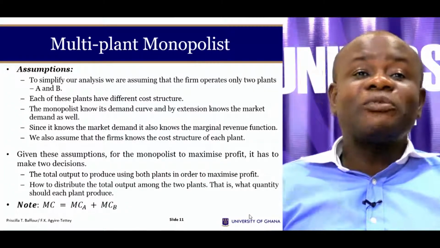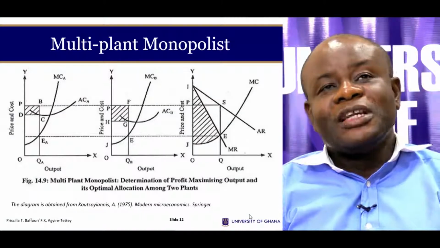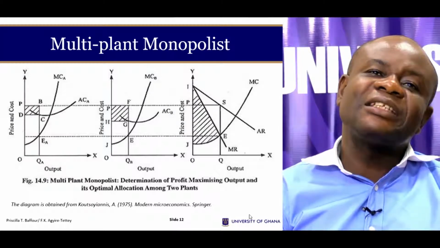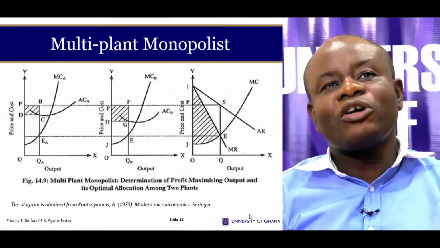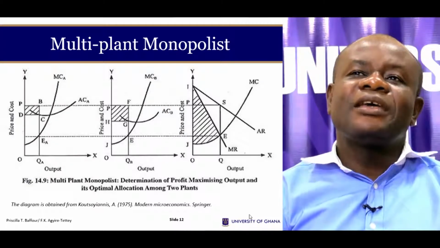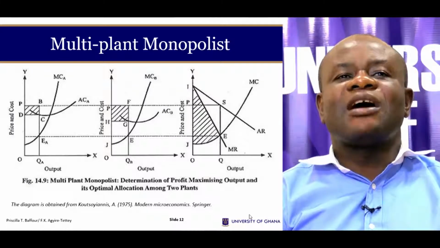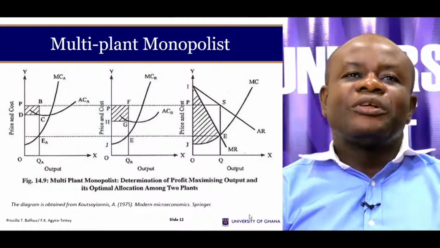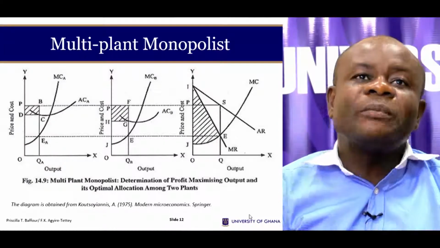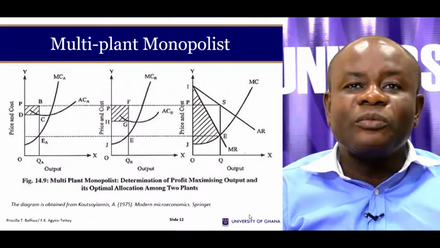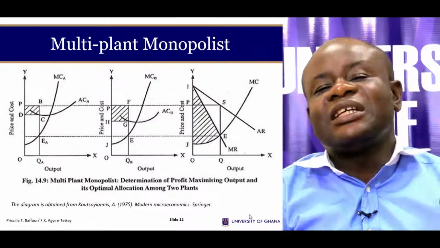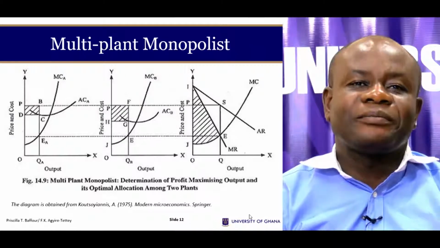But then, for the firm to maximize profit, it must produce an output in each plant in such a way that the marginal cost in A must be equal to the marginal cost in plant B and must be equal to the total marginal cost. So, in this case, the firm will produce an output of QA using plant A and an output of QB using plant B. And QA plus QB must give us the total output of the firm.